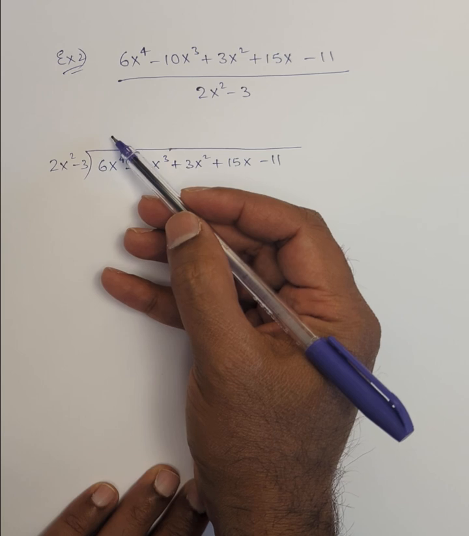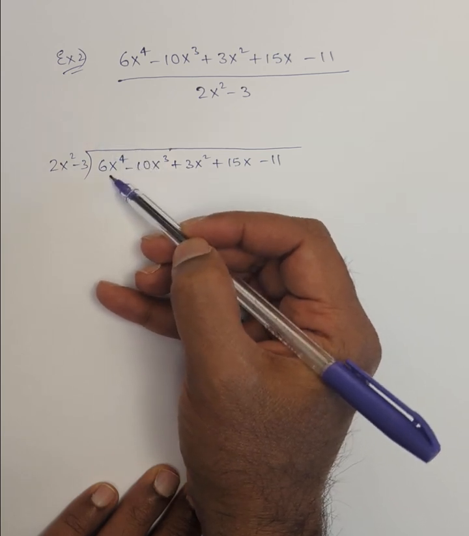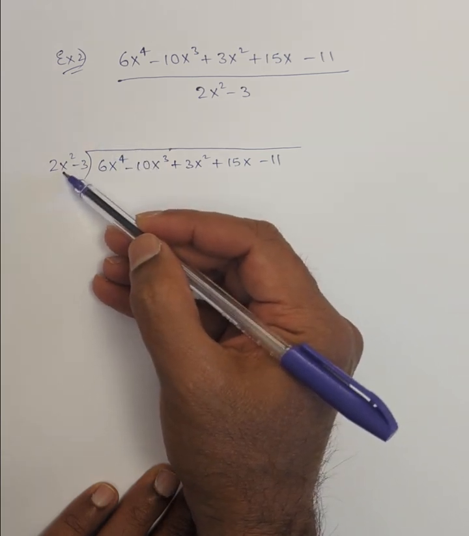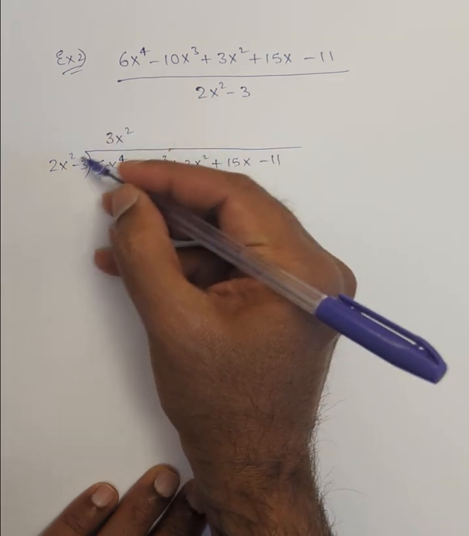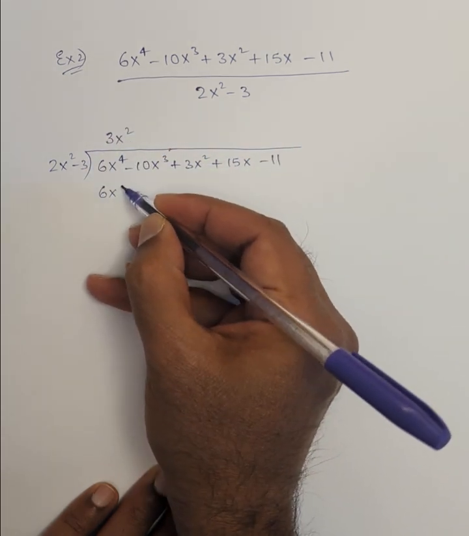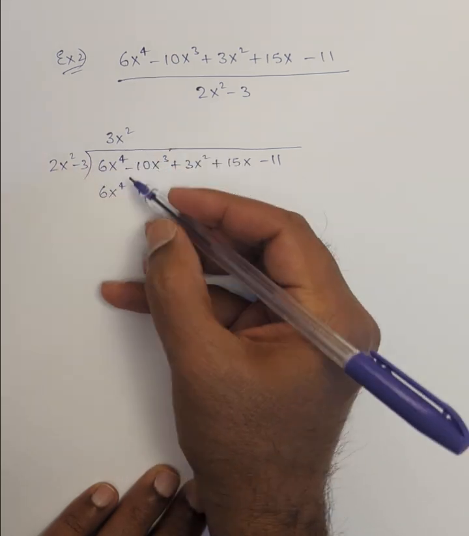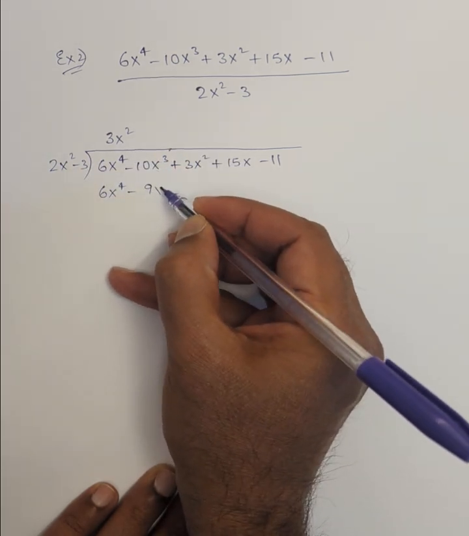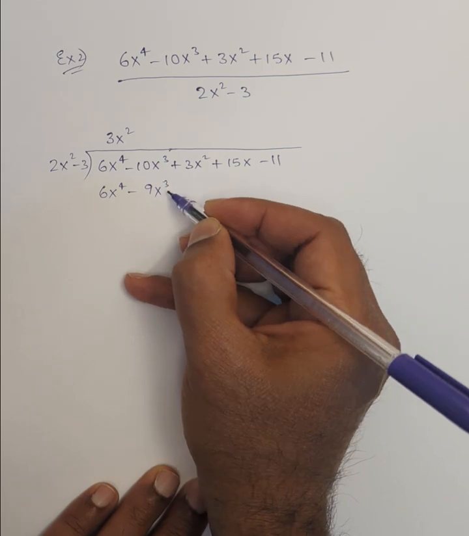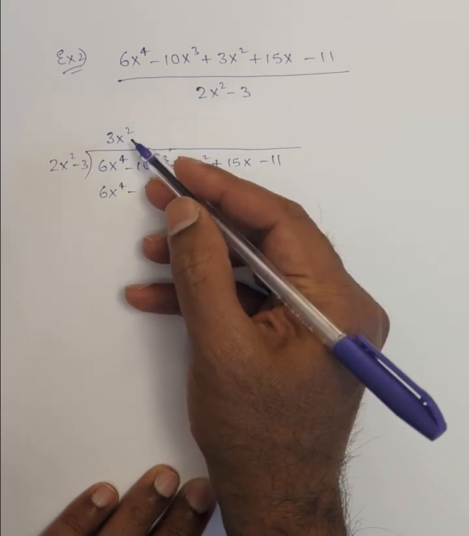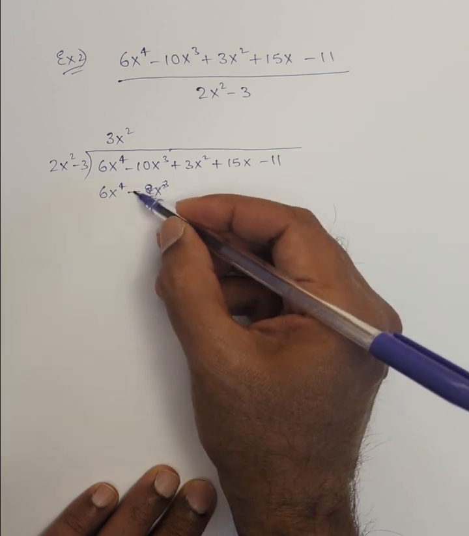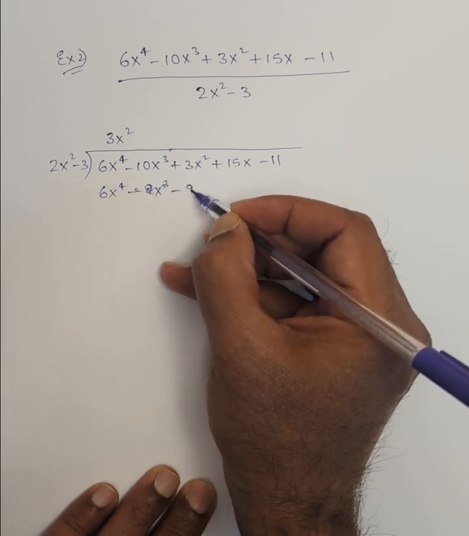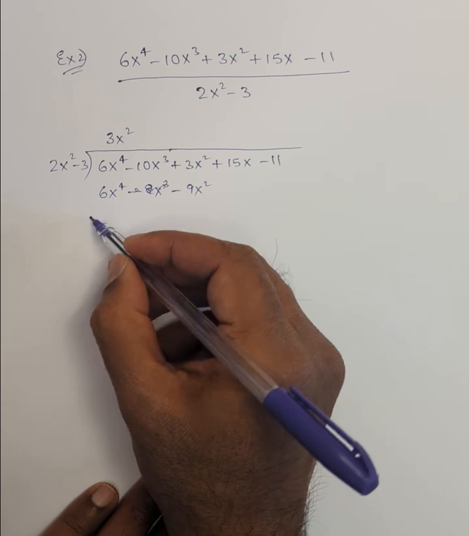Now let's write down. I need 6x to the 4th, but I already have 2x squared, which means I need 3x squared here to give me 6x to the 4th. 3x squared times negative 3 is negative 9x squared, which means I should not be writing here, but I should write under the 3x squared.